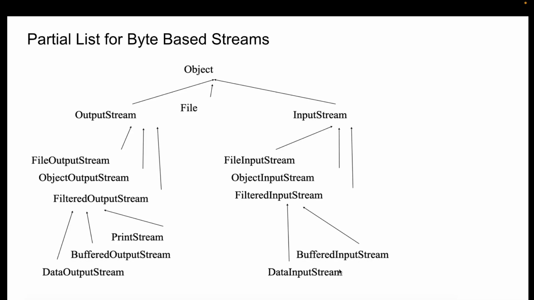So this is a hierarchy. This is the hierarchy of byte-based streams. Basically, output stream will help you to write contents to a given source, and input stream will help you to read data from a given source. And these are the supporting classes that will help in performing output operations or input operations.